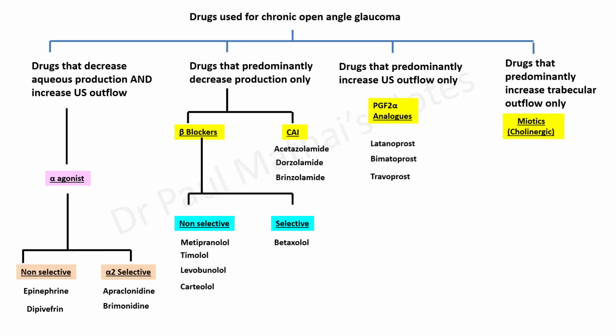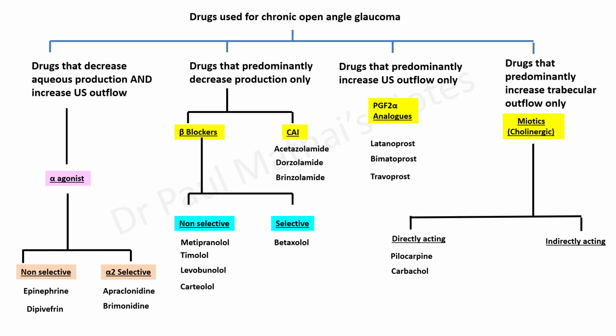These can be classified broadly into two, those which act directly and those which act indirectly. The examples for directly acting cholinergic drugs would include pilocarpine and carbachol, while the only important example for indirectly acting cholinergic miotics is ecothiopate.